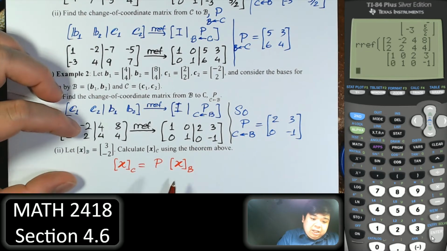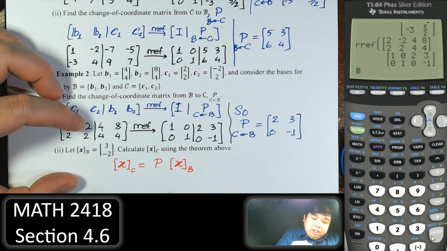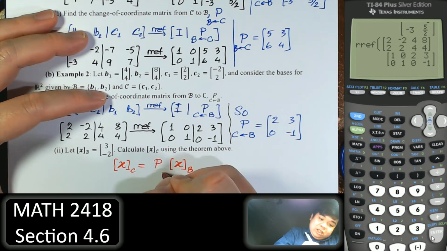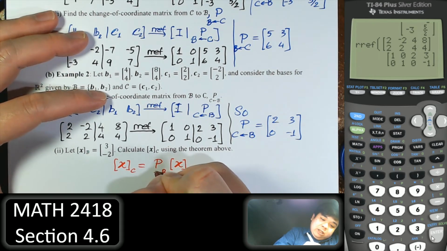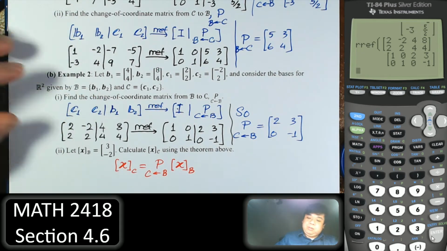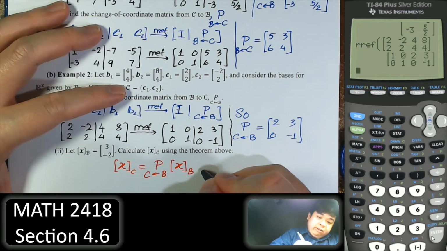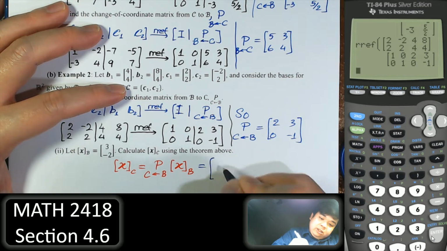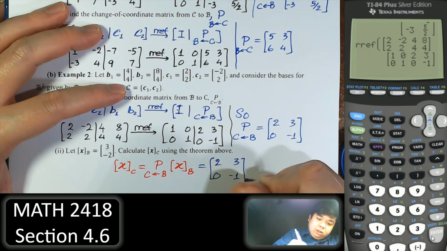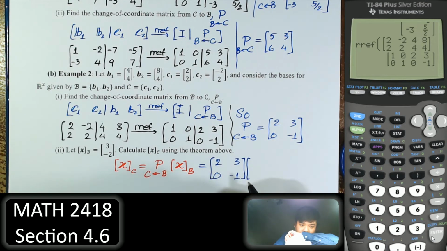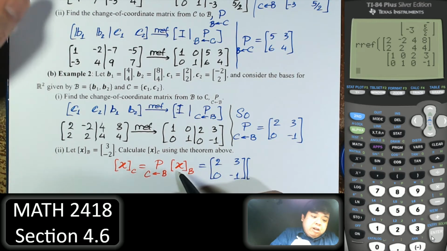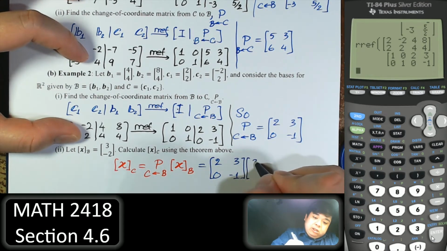Notice that we go from B to C, and that's what we need in C. And so we just have this matrix times the vector x in B coordinates.